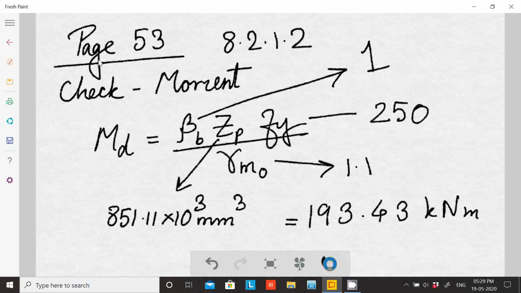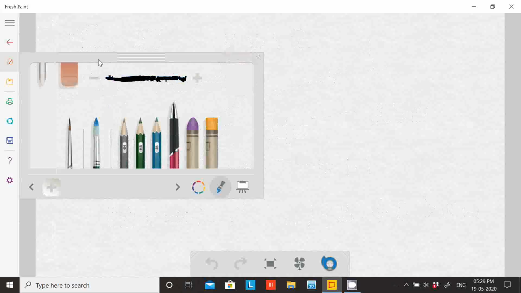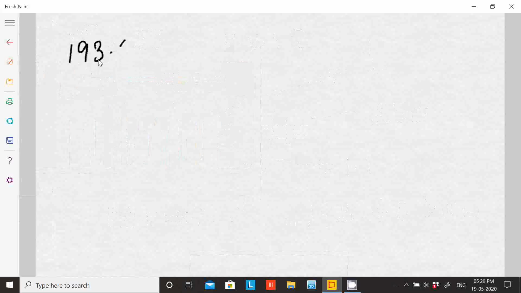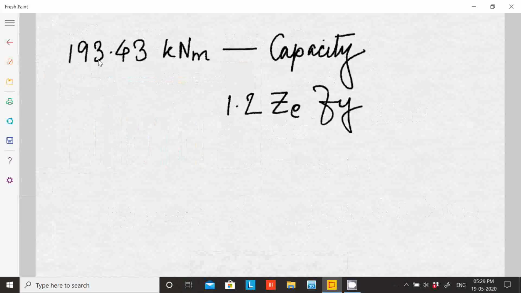Now this 193.43 kilonewton meter is the capacity, and this should also be checked against one term which is called 1.2 Ze fy by gamma m naught.